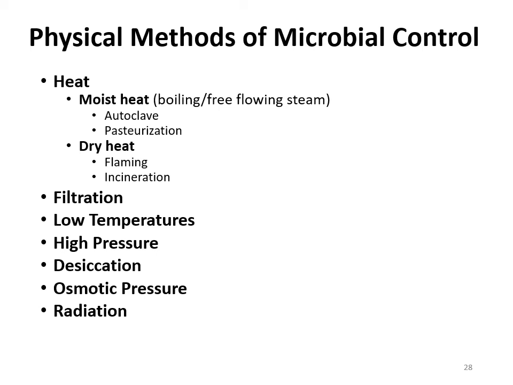In the freezer, maybe a few months, and then toss it out, because the bacteria does still grow. It's just at a very, very slow rate. High pressure is important as a microbial control because that can denature proteins. That's why the autoclave not only uses high temperature, but it also uses high pressure, because denaturing proteins kills bacteria.